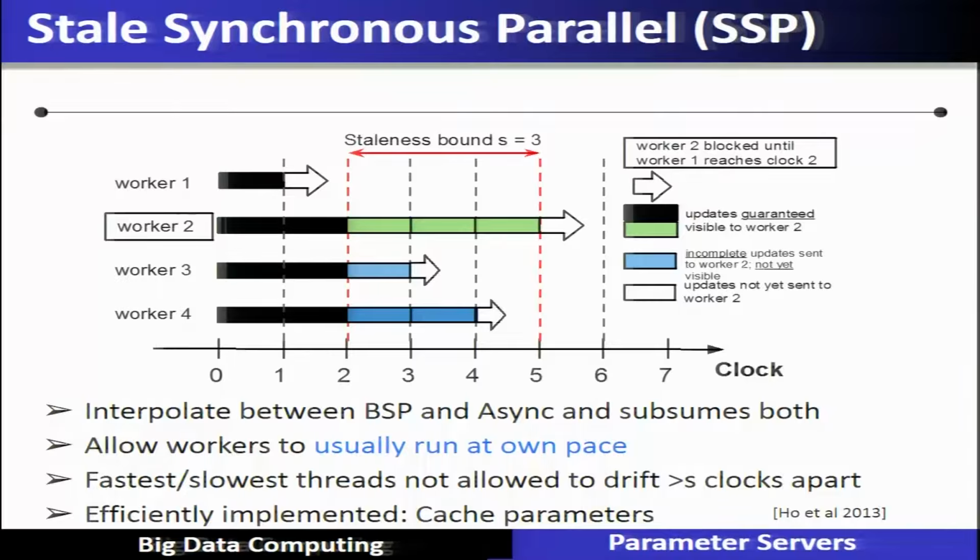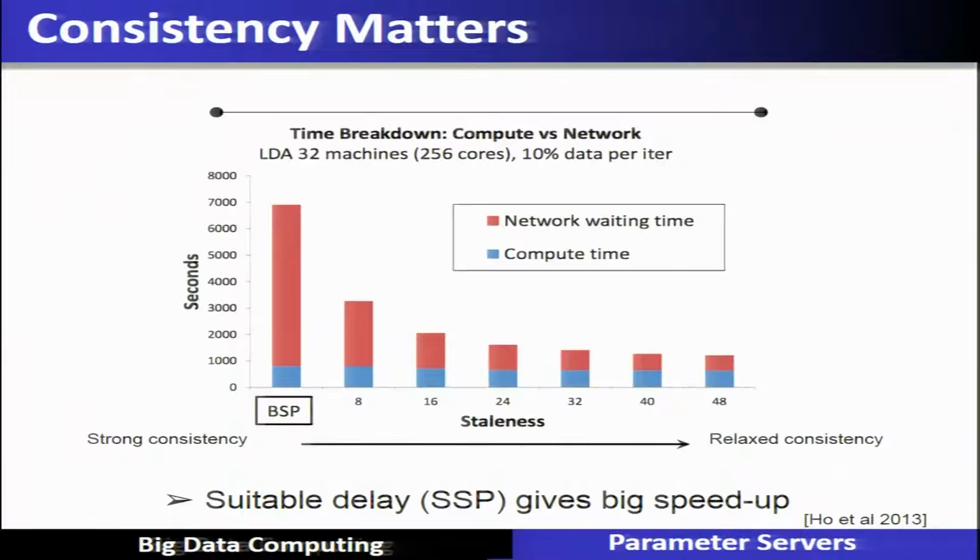So it efficiently implements cached parameters in this manner. Consistency matters here, because BSP is a strong consistency where staleness is bounded, but we relax the consistency while keeping staleness bounded. Therefore a suitable delay gives a bigger speedup in this particular case.